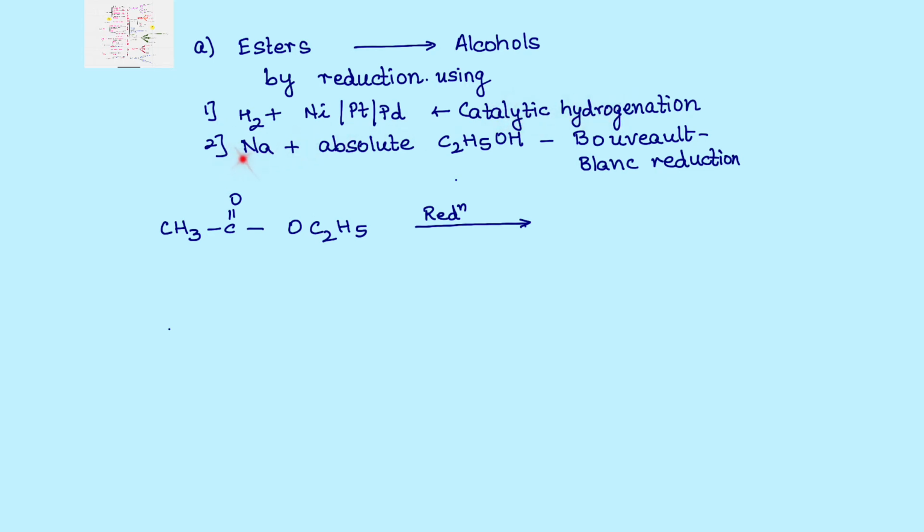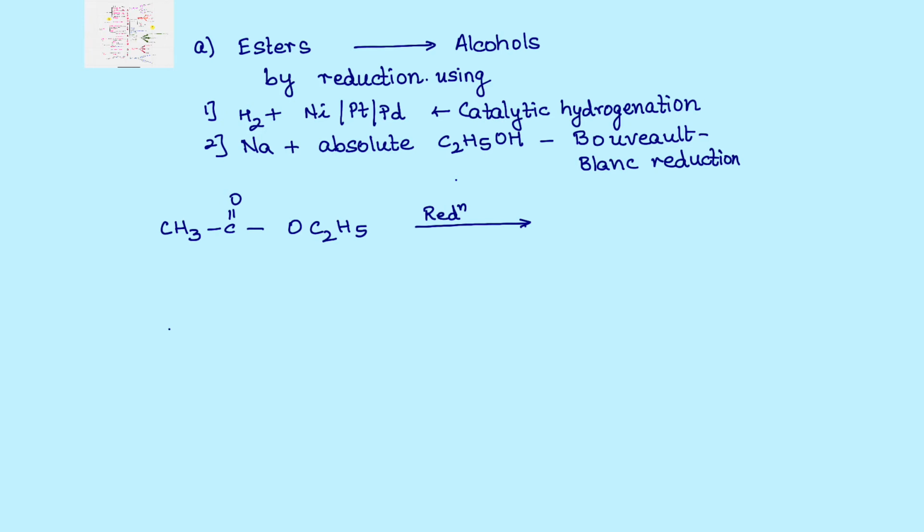The second possibility is you use sodium and absolute alcohol, which again is more viable commercially, and we call it the Bouveault-Blanc reduction. I'm trying my best to pronounce it. Excuse me if I do not get the right pronunciation of the word.